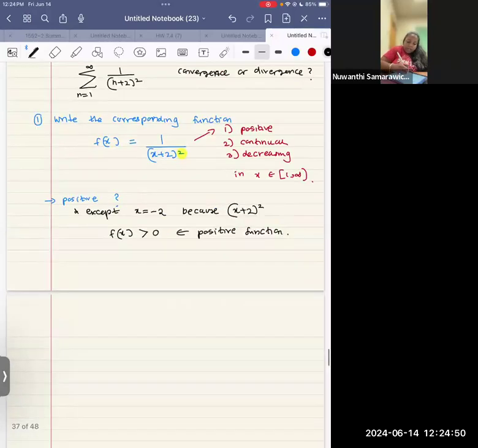What happened at x equal to -2? At x equal to -2, the denominator becomes 0, so your whole function will be undefined, not continuous. We get a vertical asymptote.